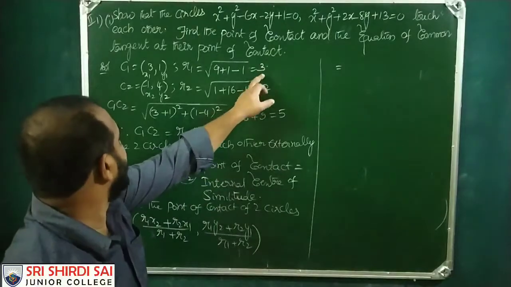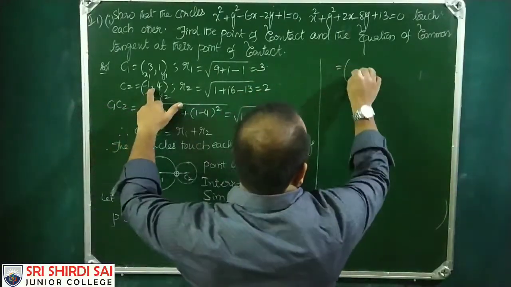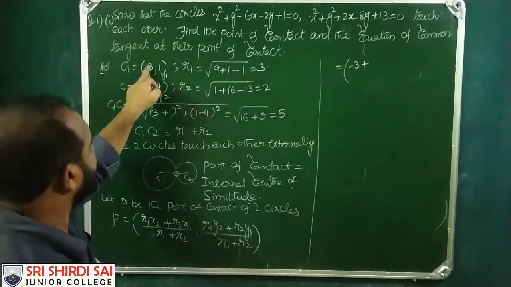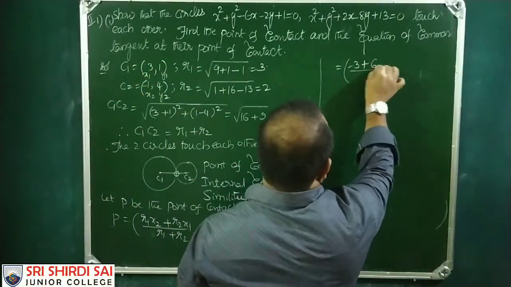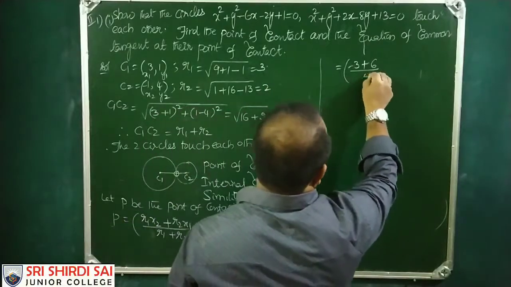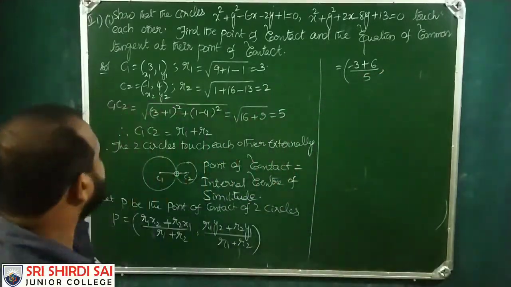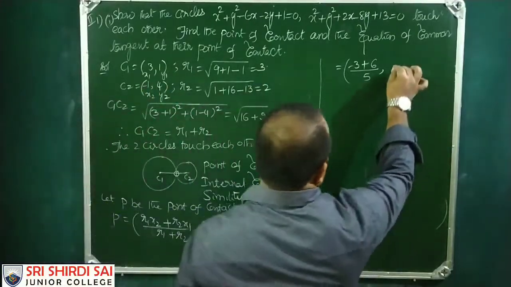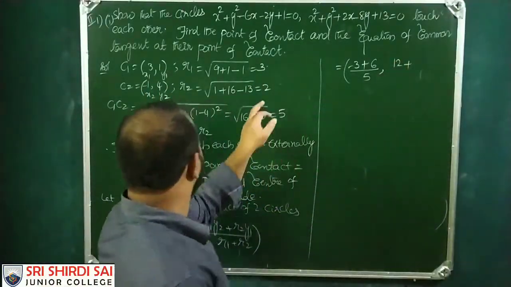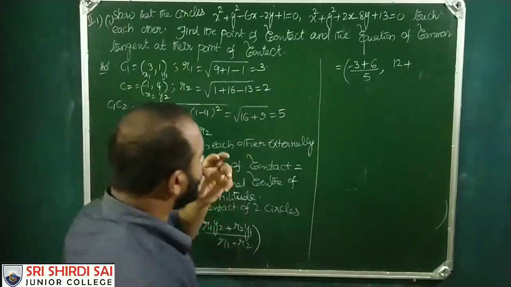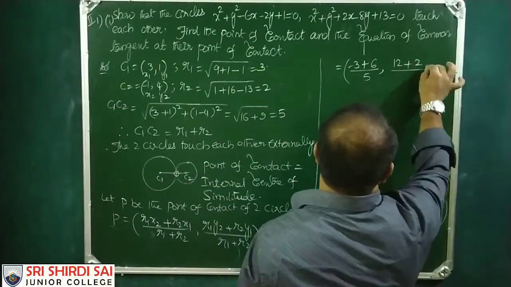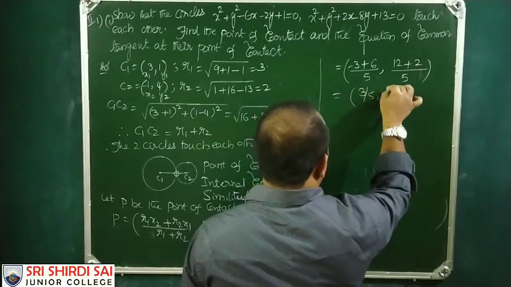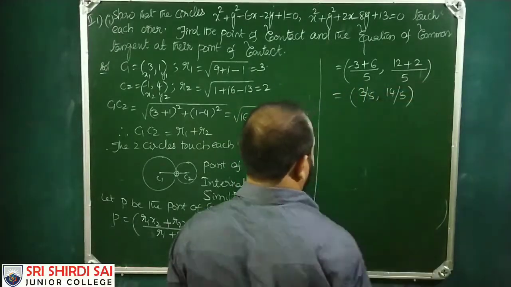R1x2, 3 into minus 1 minus 3, plus R2x1, 2 into 3, 6, by R1 plus R2, 3 plus 2, 5. R1y2, 3 into 4, 12, plus R2y1, 2 into 1, 2, by R1 plus R2, 5. So this is (3/5, 14/5).